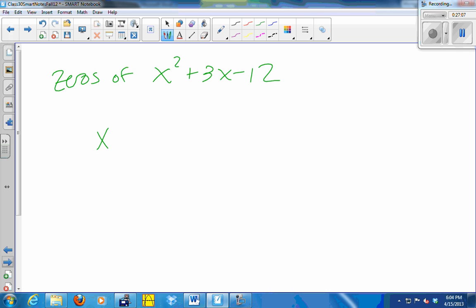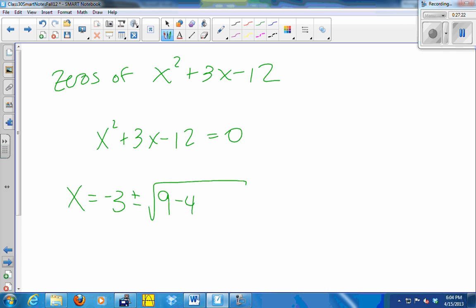So I set x squared plus 3x minus 12 equal to 0, and I would solve it with the quadratic formula, because it doesn't factor. So I get x equals negative 3 plus or minus the square root of 9 minus 4 times 1 times negative 12, all over 2.